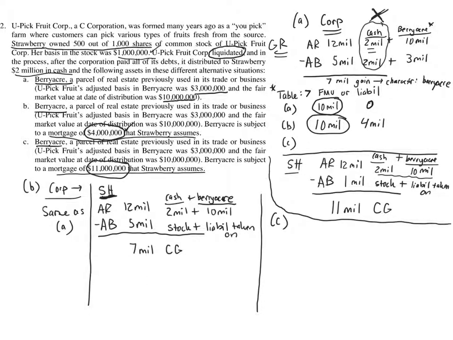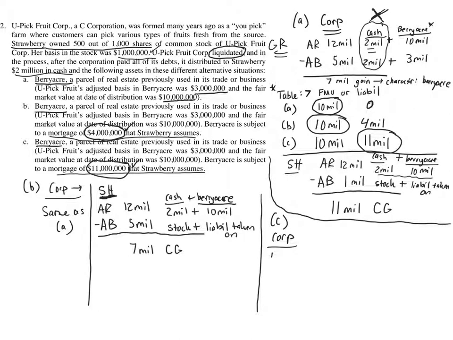Okay, C. So let's do the corporation consequences first. Again, we go to our little table. It's the greater of the fair market value or the liability. Here in C, the fair market value is still 10 million. That didn't change on Berry Acre. The liability now is $11 million. The greater is $11 million.